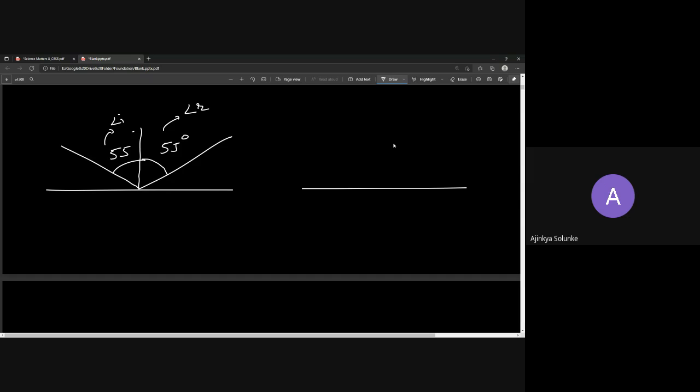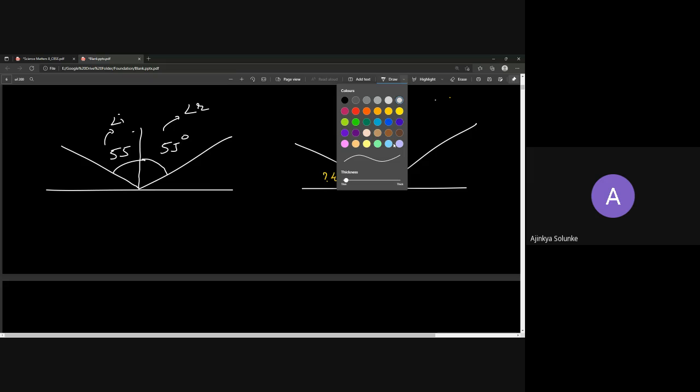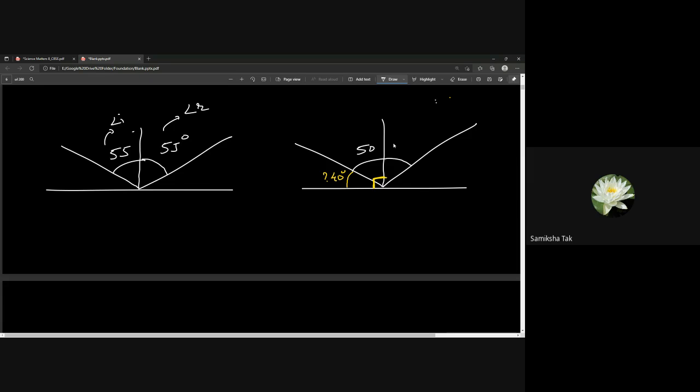Just asking you a question. Suppose this is 50. What do you think this must be, if the total is 90? 40 degree. Obviously 40 degree. Very simple, right? So you can find out the bottom angles also. If you know the angle of incidence, it is very easy to find out the bottom angle. What about this angle? 50 degree.